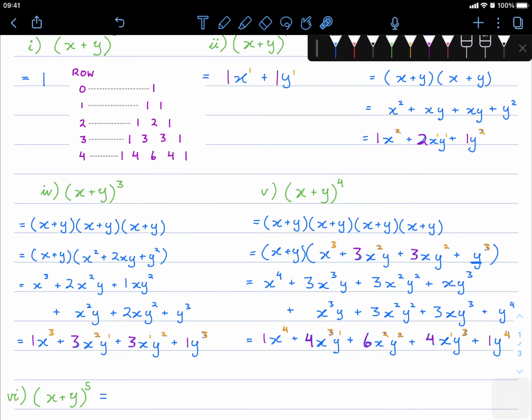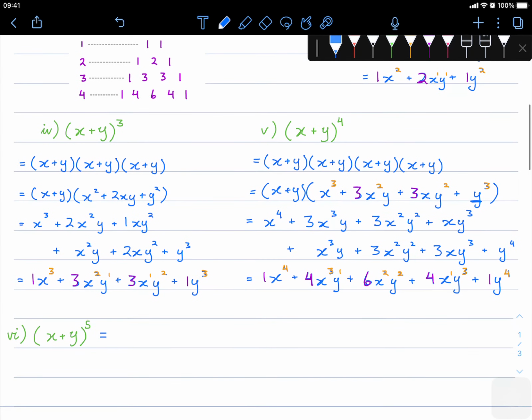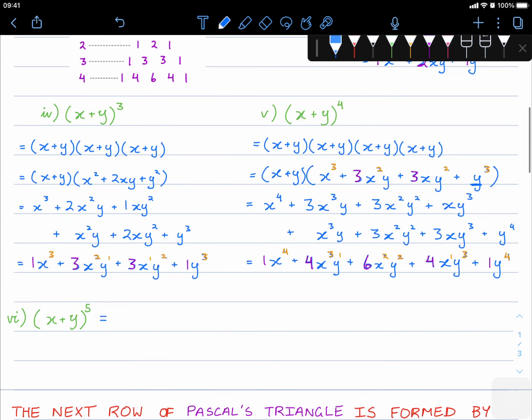So, all in all, we can really quickly figure out what this expansion is. It's x^5, x^4, x^3, x^2, x^1, then x^0, which means it's going to be y^0, y^1, y^2, y^3, y^4, y^5.